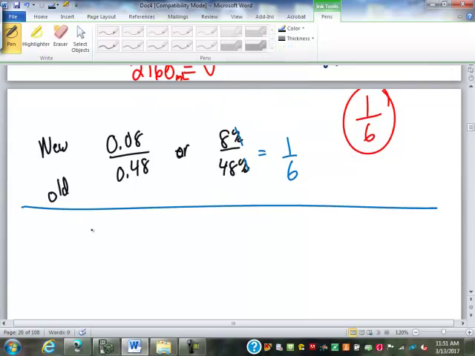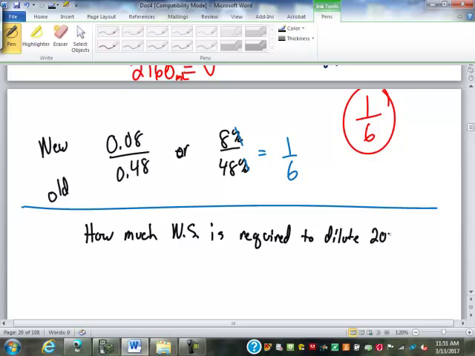So we could look at how much saline is required to dilute 200 milliliters of 18% solution to, let's take it down to 4.5%.